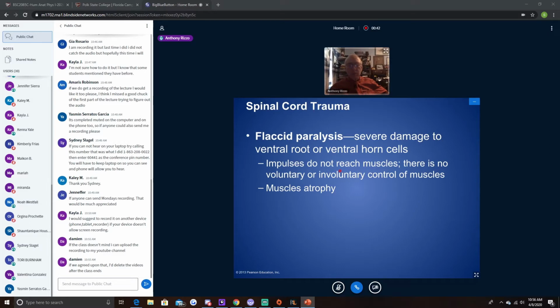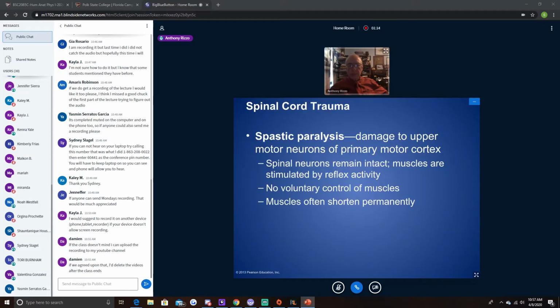Flaccid means they're just floppy. They don't do what you ask them to do. They just sit there and they're kind of floppy. Flaccid paralysis is the result of injury to the lower motor neurons. And what happens is the muscles actually atrophy. They get smaller and they shrink up. So an anterior cord injury would result in flaccid paralysis, inability to move, but the muscles are weak and floppy.